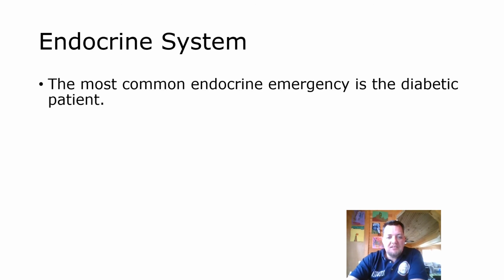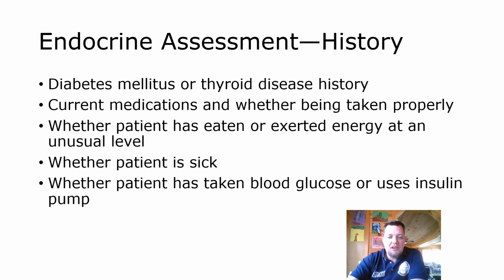In the endocrine system, the most common endocrine emergency is the diabetic patient. So history, we're going to look at a history of diabetes or thyroid disease, what kind of medications do they currently take, and whether or not they're being taken properly.